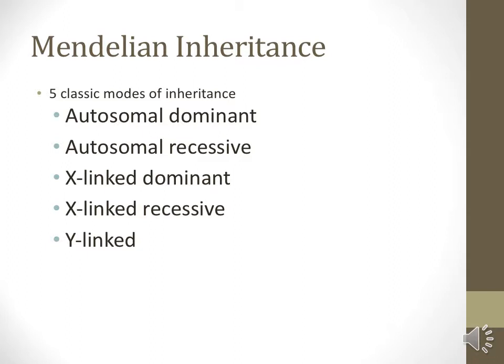Marfan syndrome would be another example of an autosomal dominant genetic disease. Autosomal recessive diseases include many of the known inborn errors of metabolism. So PKU, for example, is an autosomal recessive genetic disease. Cystic fibrosis and sickle cell anemia are other examples.